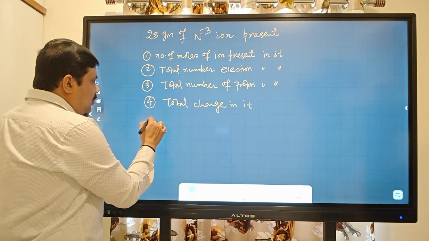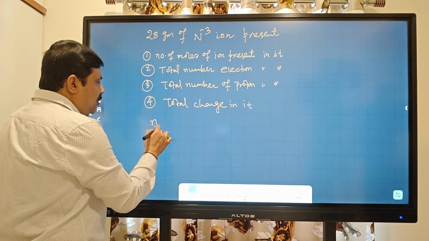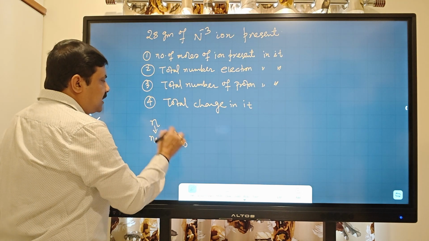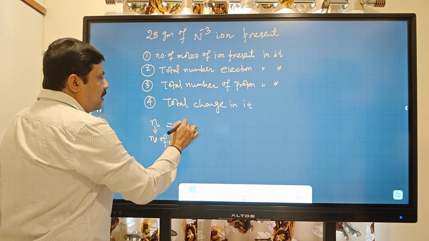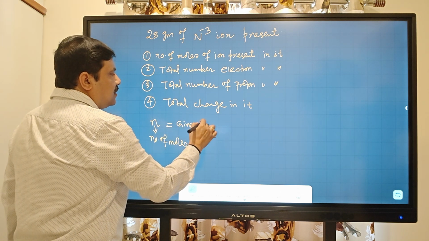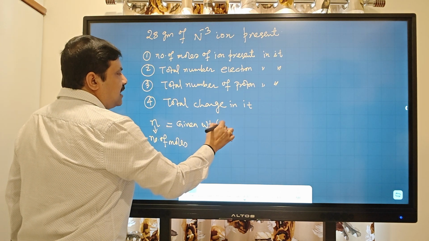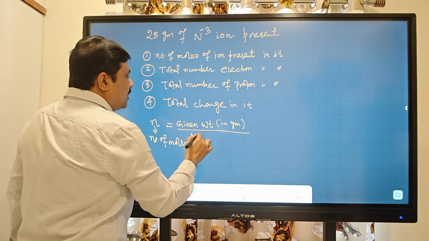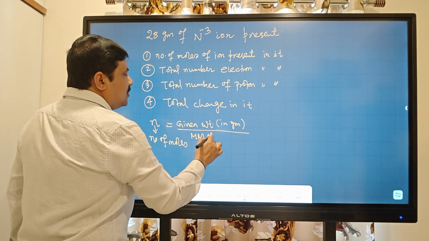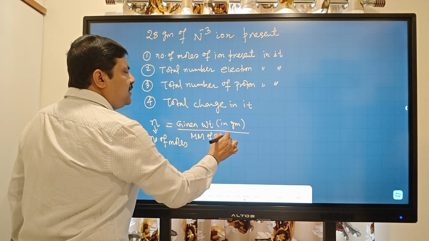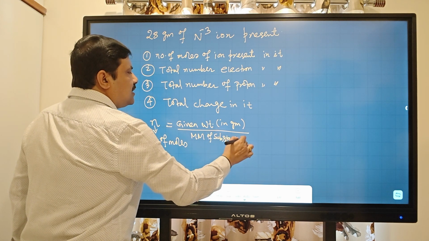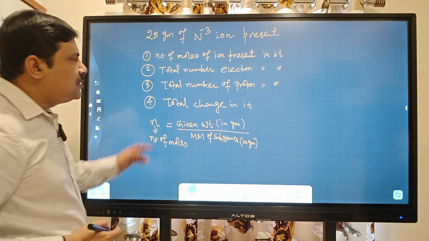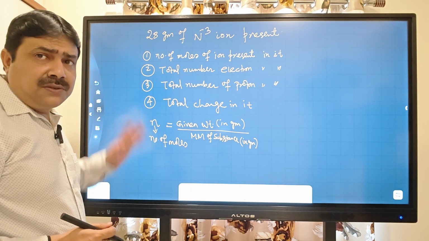Number of moles, small n, in terms of mass is the given weight in the problem, given weight or mass, which should also be in gram, divided by the molar mass of the substance. The substance may be ion, molecule or atom. That should also be in gram. That is nothing but the number of moles in terms of mass.